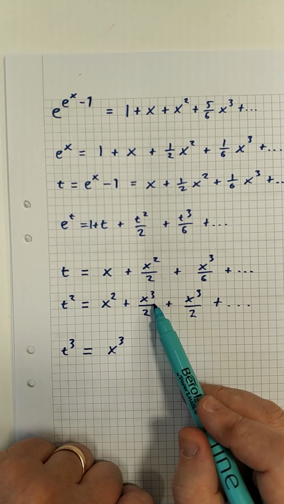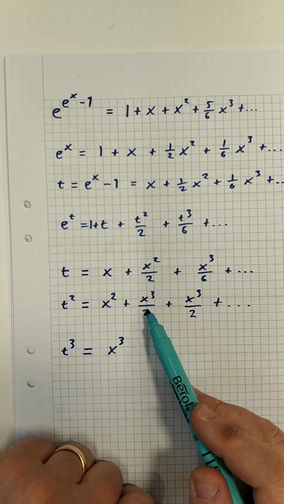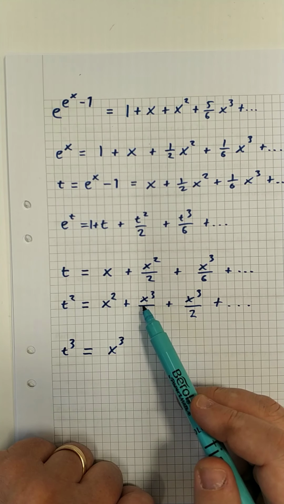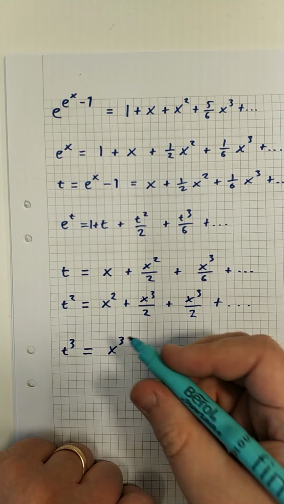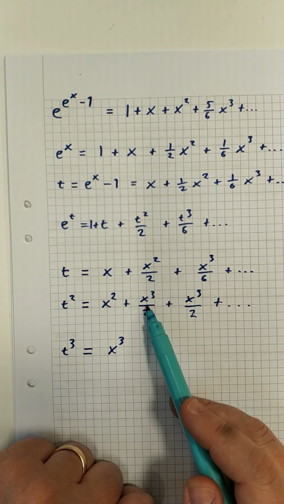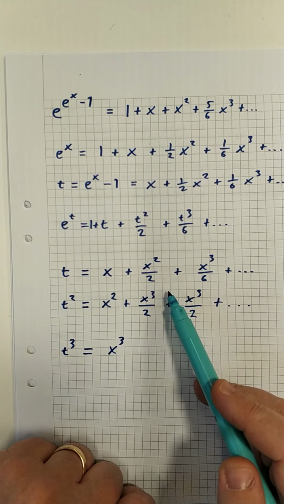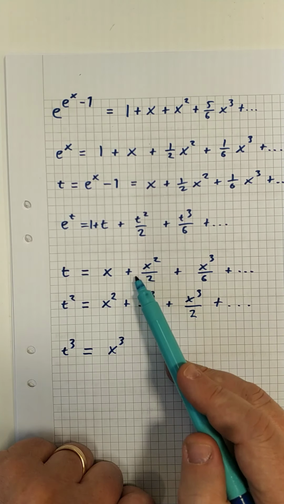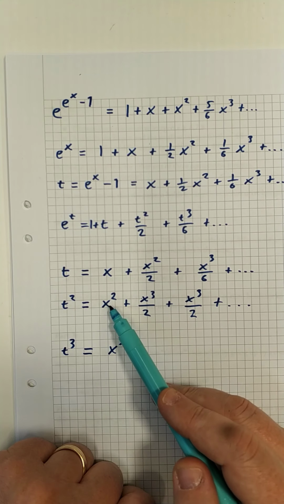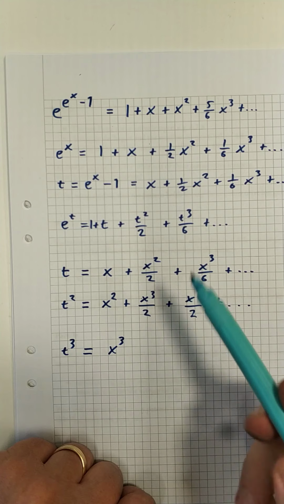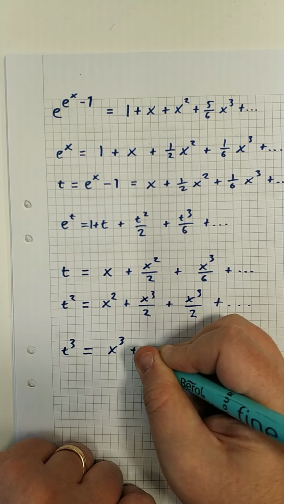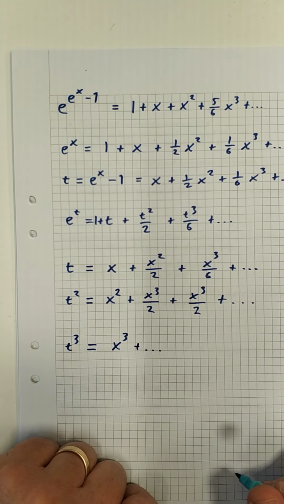So already now I can actually stop, because I can't do any other multiplication without getting a term x to the 4 or higher order. x times this will be x to the 4, x to the 5, and so on. And this term, the second term in t, is no use even starting, because the first term I would multiply it with would give me an x to the 4 term. So t cubed is x cubed plus higher order terms.